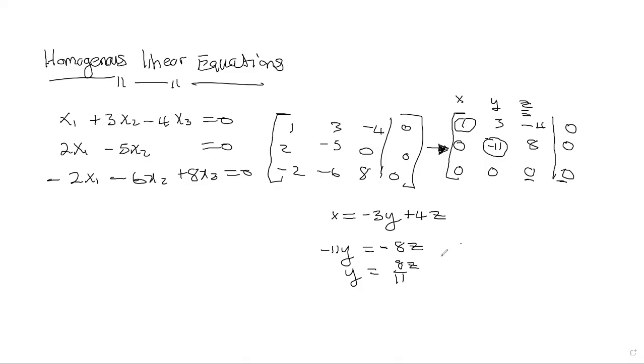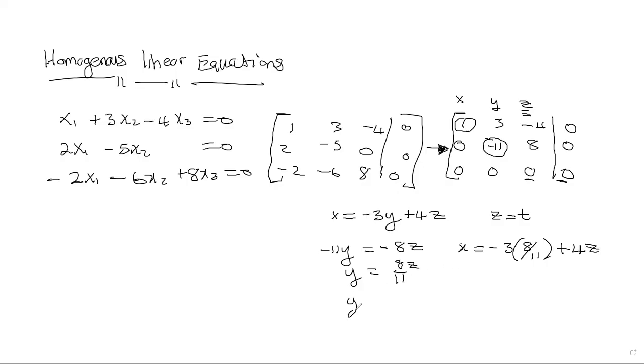It implies that x is equal to minus 3 times 8 over 11 z plus 4z. Then the z, because it's a free variable, we can just give it a parameter.